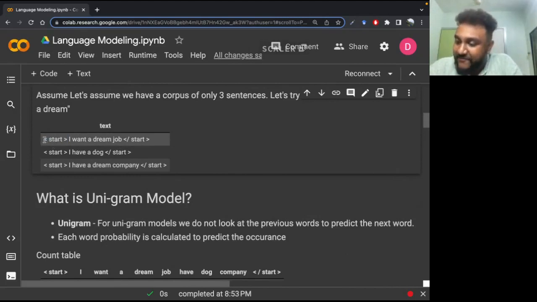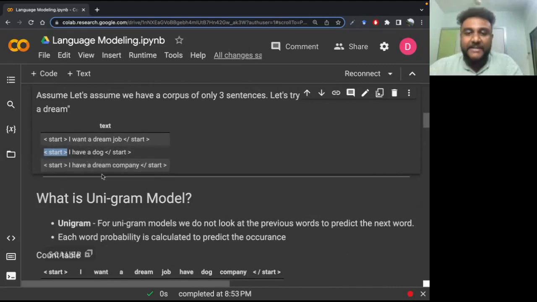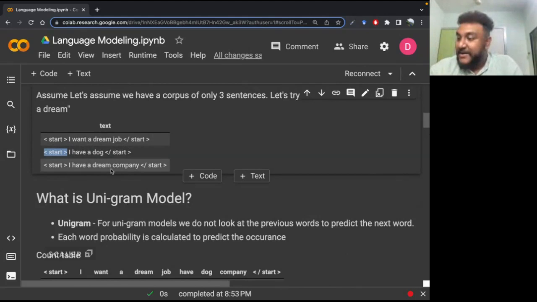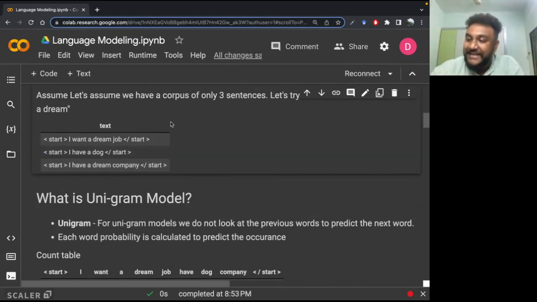I have 1, 2, 3, 4, 5, 6, 7 tokens in my first sentence. In my second sentence, I have 1, 2, 3, 4, 5, 6. In the third sentence, I have 7 again. So 7 twos are 14 plus 6 is 20. So the total number of words that I have in my corpus now is 20.